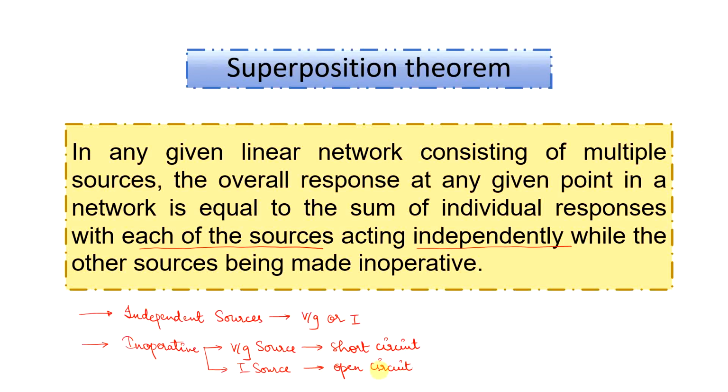So remember this, the superposition theorem will be very useful when there are many independent sources, not just one independent source, many independent sources present in the circuit. It could be a current source or it could be a voltage source.